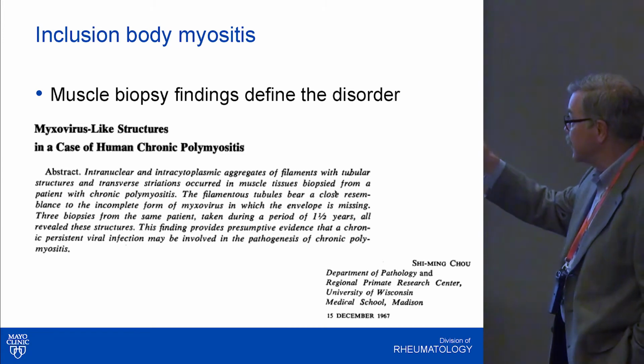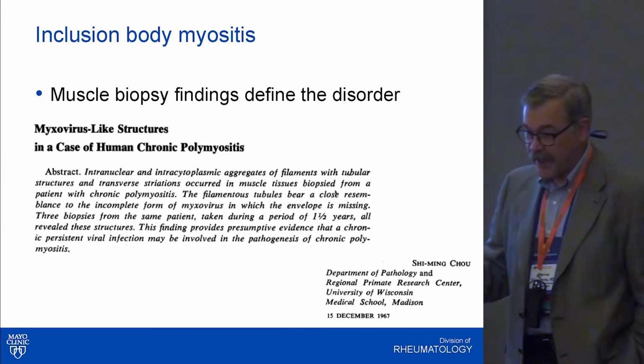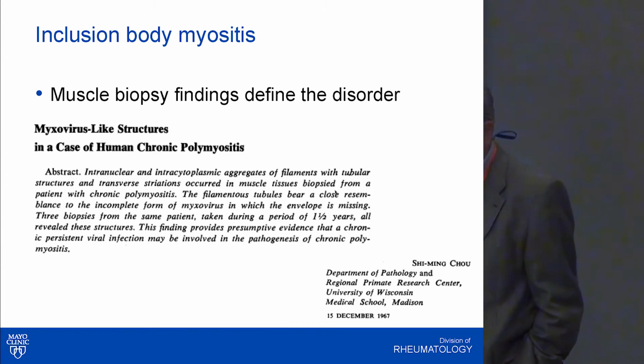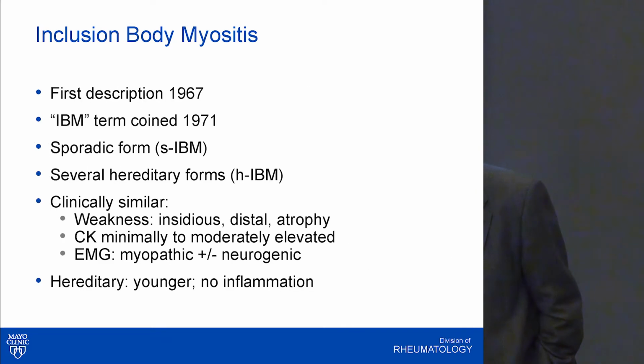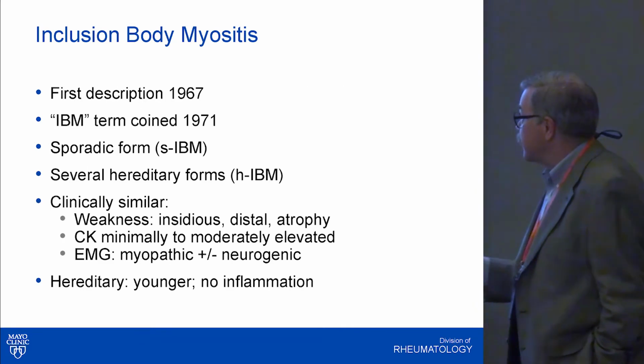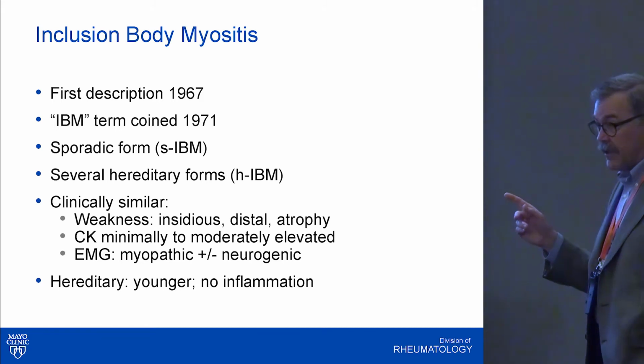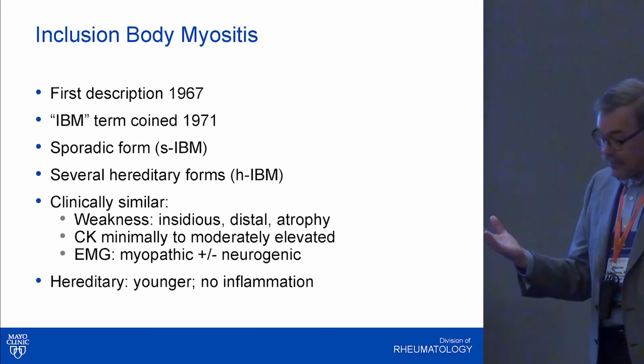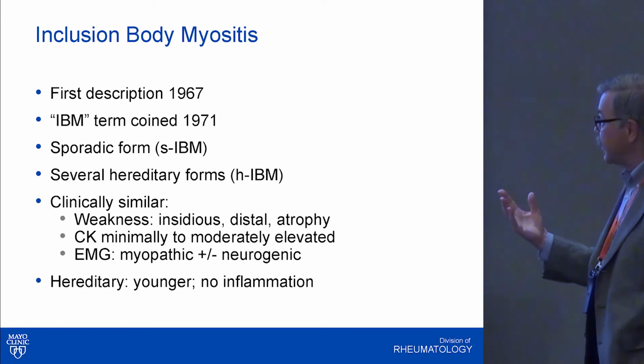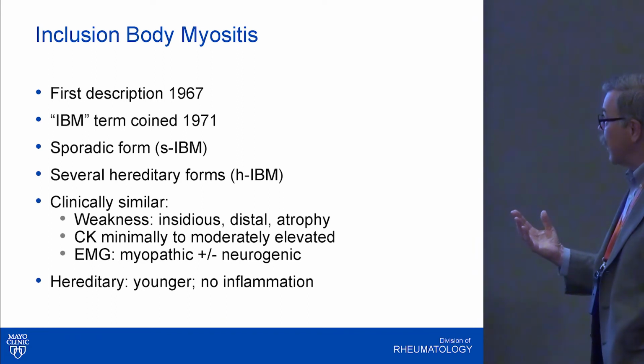So he proposed this as a possible viral infection causing this chronic polymyositis. So it was first described in 1967. The term IBM was coined in 1971 because of the inclusions that are seen in the biopsies.